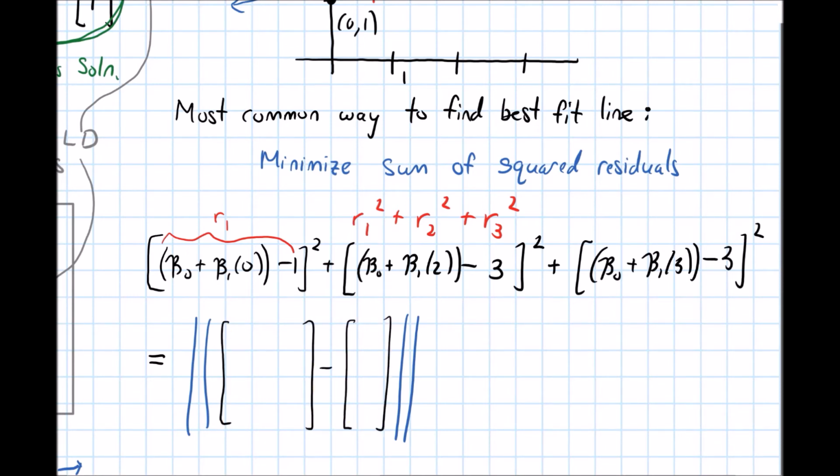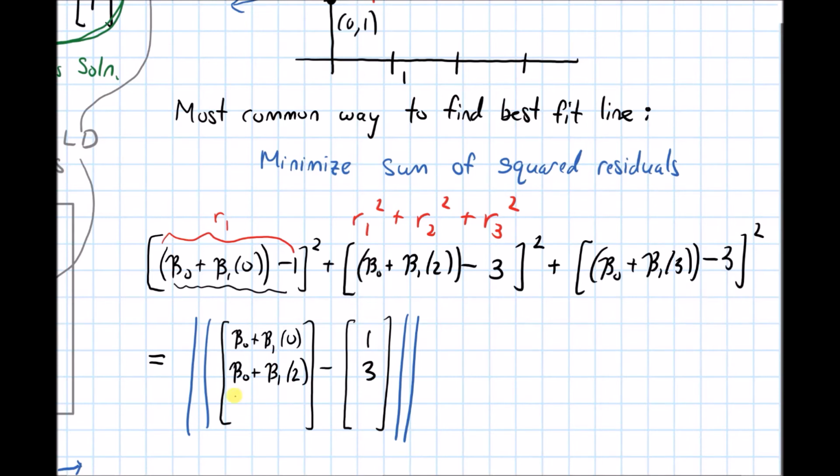Okay, so the first entry of the first vector is beta naught plus beta 1 times 0, and then the first entry of the next vector is the 1. Notice that's exactly where this part comes from. The second entries come from this second term here. So it would be beta naught plus beta 1 times 2, and then minus the 3.